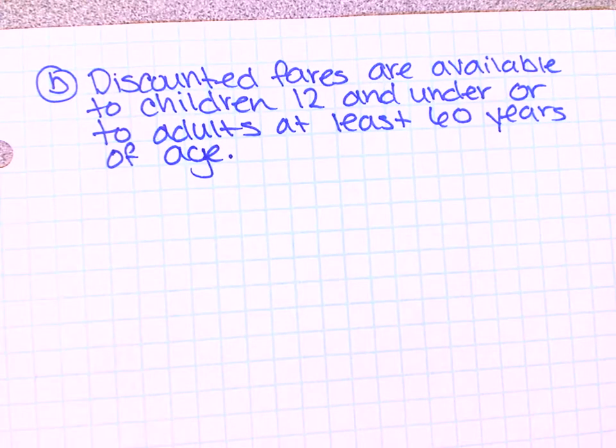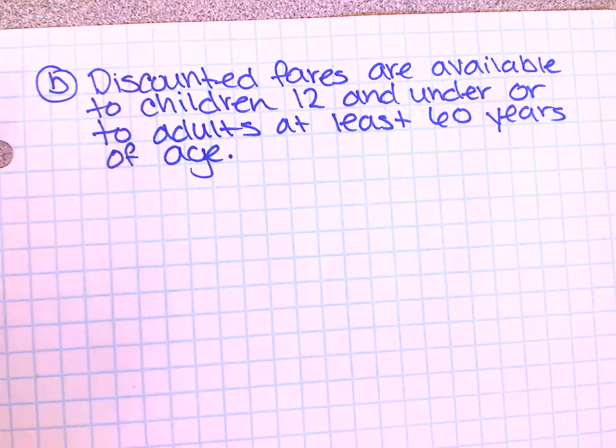So think like if you're going to an amusement park and they might have a discounted rate, children 12 and under might get a discount on that ticket, and senior fares, 60 or older, might get that.